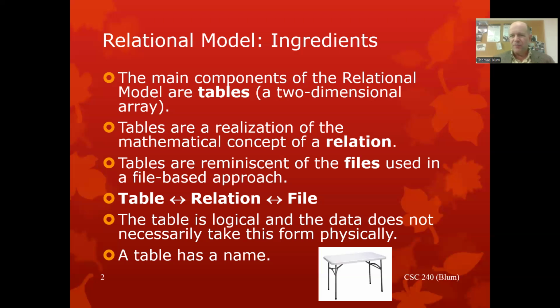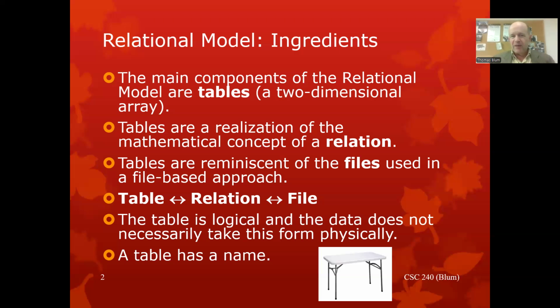And they are like what used to be, in the earliest systems, files. So that's one of our main components of this relational database model, which was replacing the hierarchical and network models.